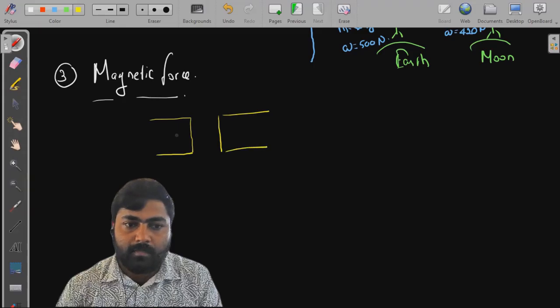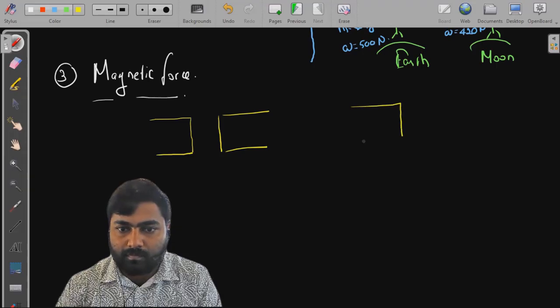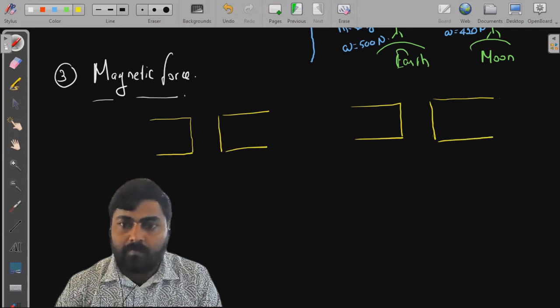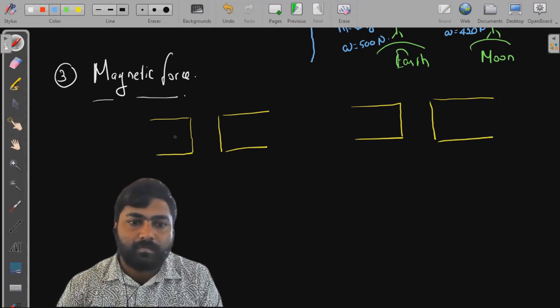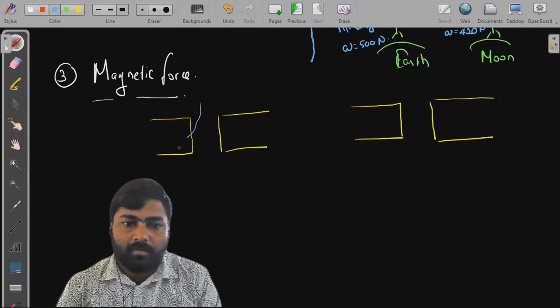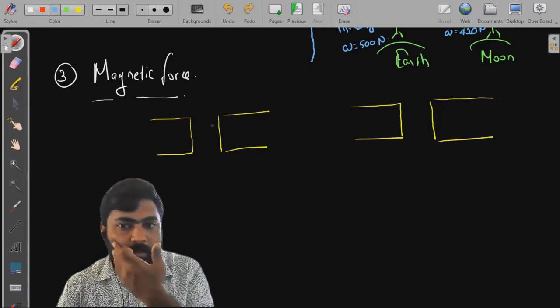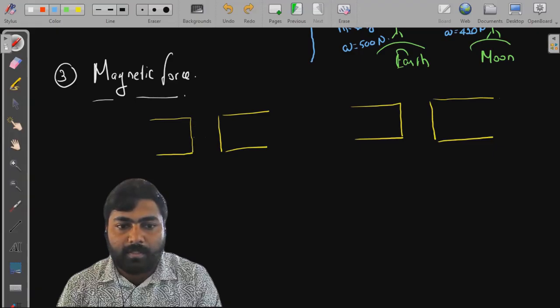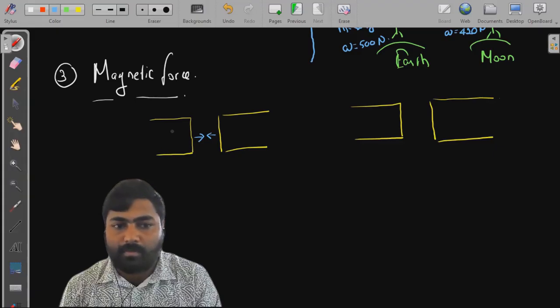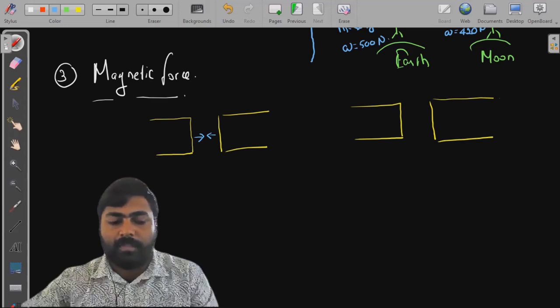So what is the meaning of magnetic force? This is a kind of magnet, no? So what should be there to attract these two magnets? What poles are attracting each other?